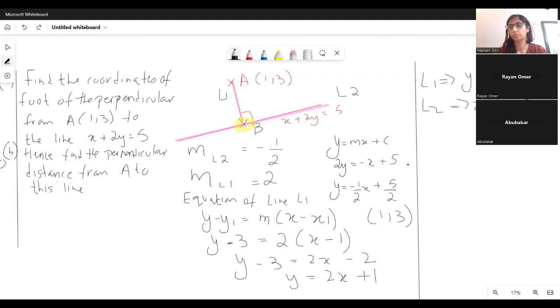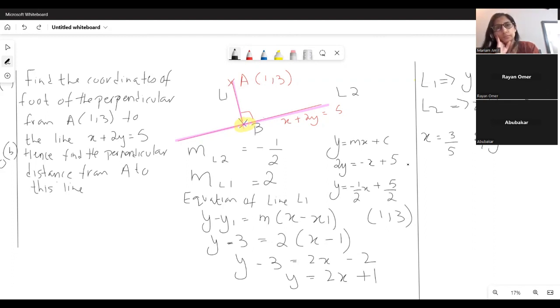Miss, x is equal to 3 over 5. x equals 3 by 5. y equals 11 by 5.